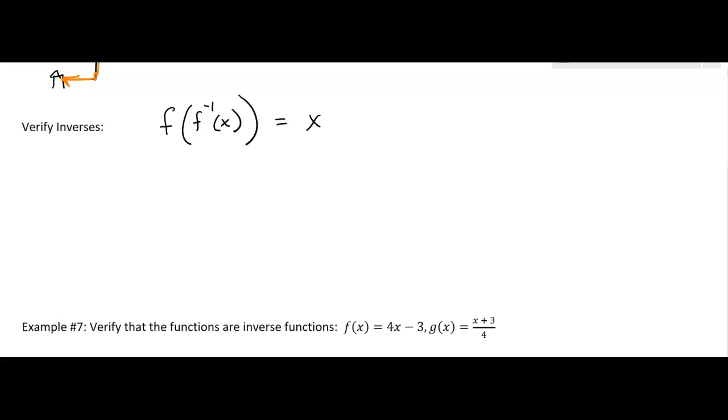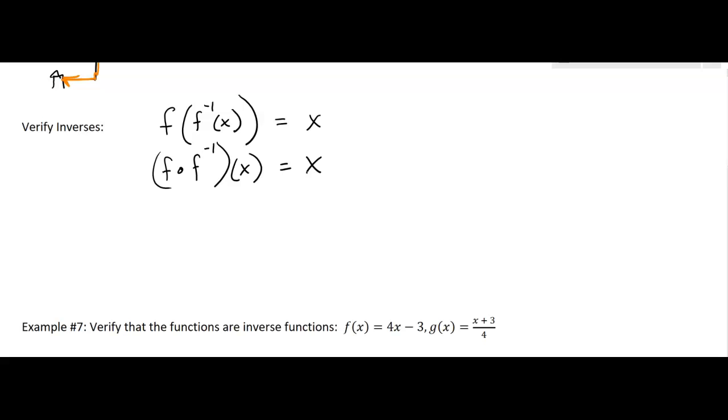You're going f compose f inverse of x. That has to just equal x. So you have to get back to where you started from. You could think about it this way: in the morning you put your socks on, then your shoes. At night, you take off your shoes and then take off your socks, right? And you're back to your bare feet.